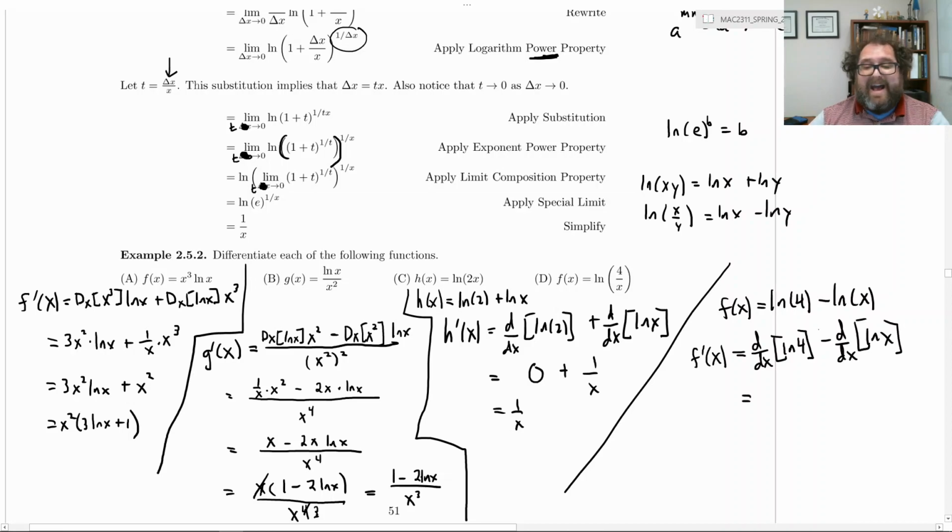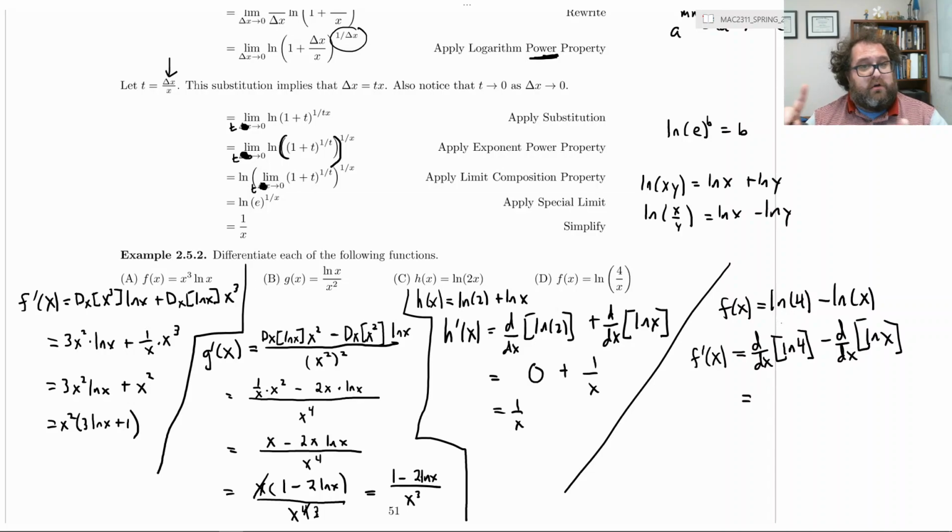And again, natural log of 4, think about it, is some number such that e raised to that number is 4. If e is about 2.7, e to the first power would be about 2.7. e squared would be kind of close to 9.